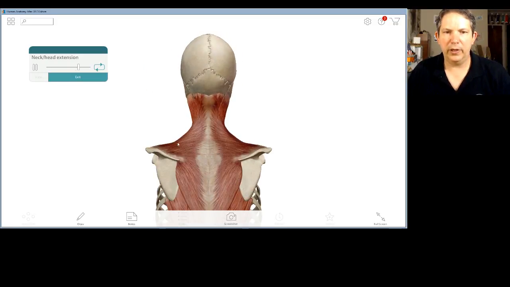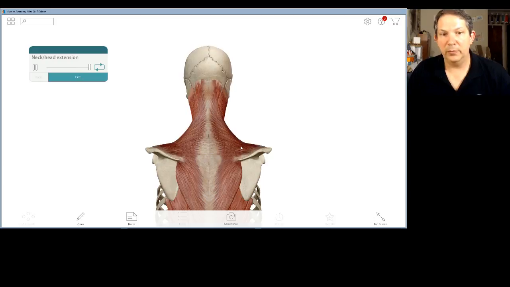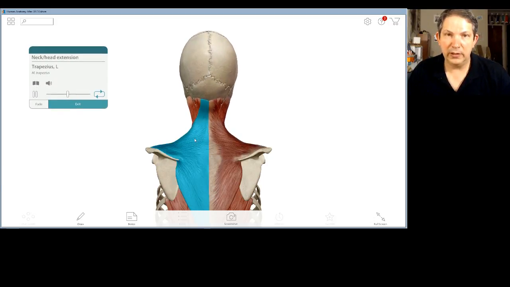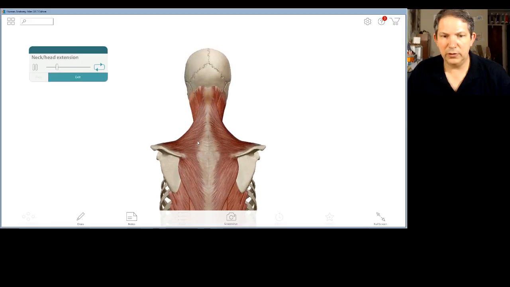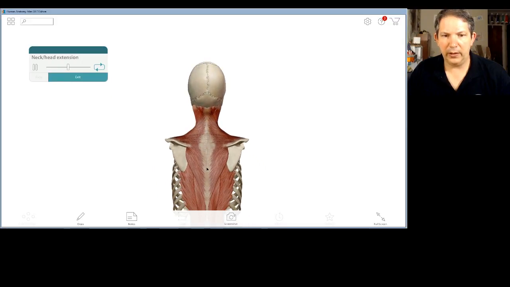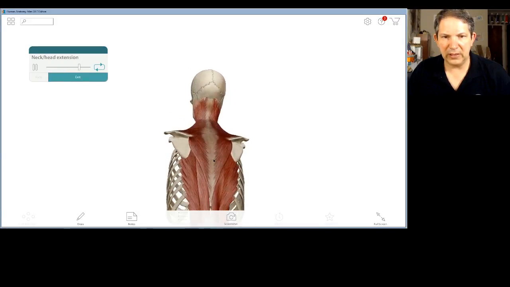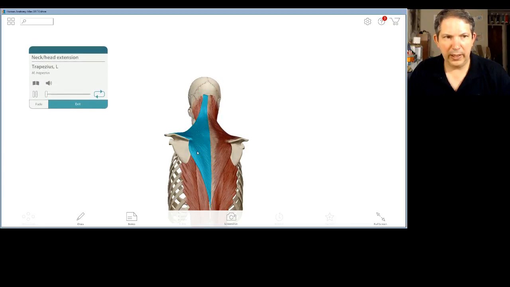And if we look at what muscles are involved, there are some big muscles that are going to be involved in a lot of different movements. This trapezius muscle gets involved in all kinds of movements, and that's not too surprising when we look at the size of this muscle and all the different places where it's originating.